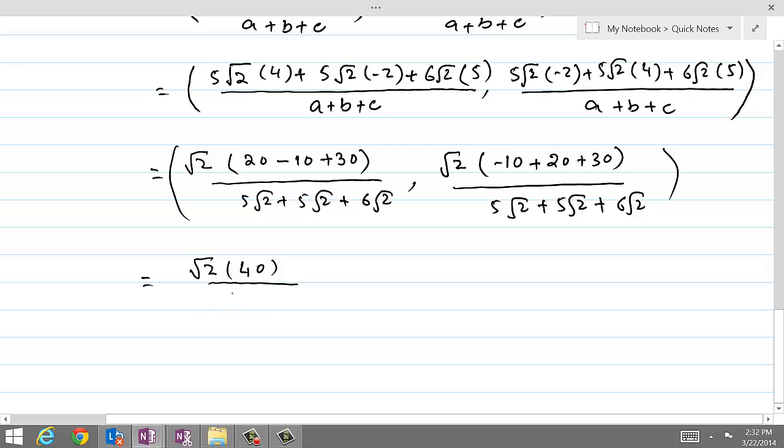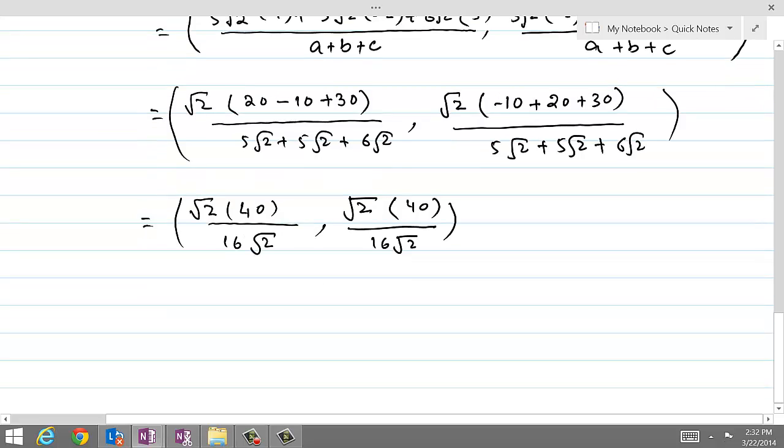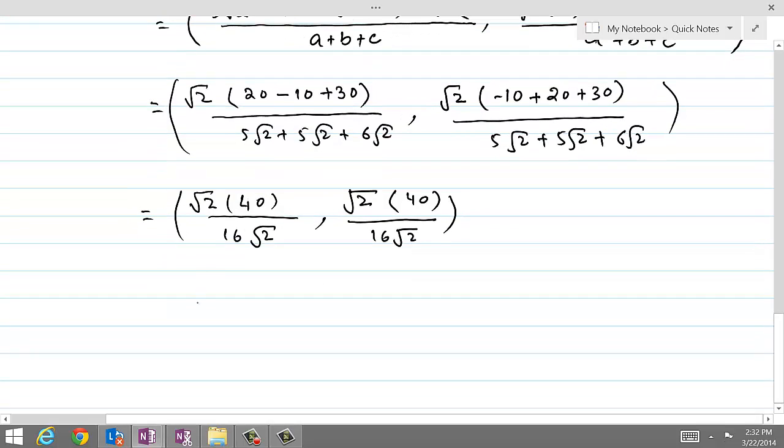Here we have under root 2 times the same 40 over 16 times under root 2, and let's put the brackets and then simplify.